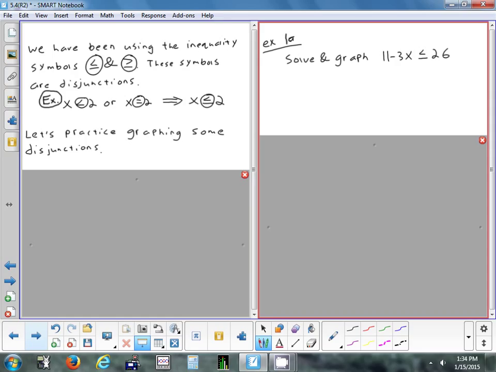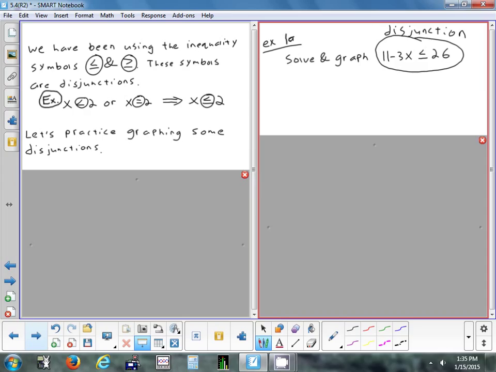So example 1a, that's a good problem to lead us in today because we already know how to do it from what we did yesterday. But looking at that symbol, less than or equal to, is this a conjunction or a disjunction? This is a disjunction. It's a less than or equal to.